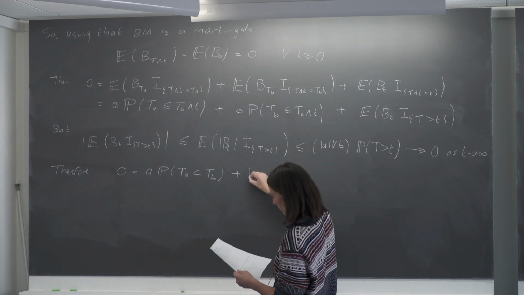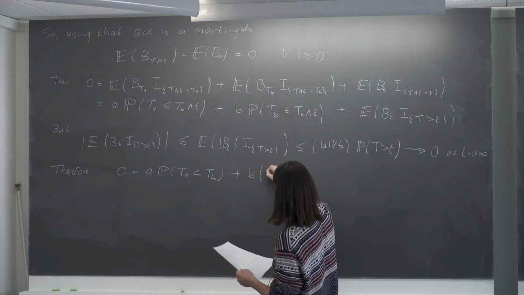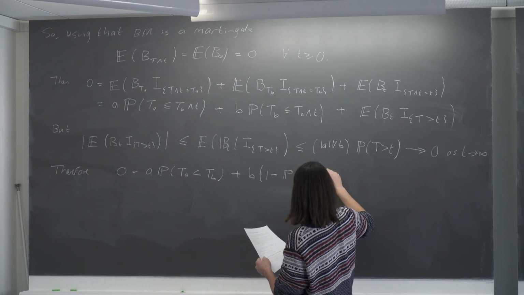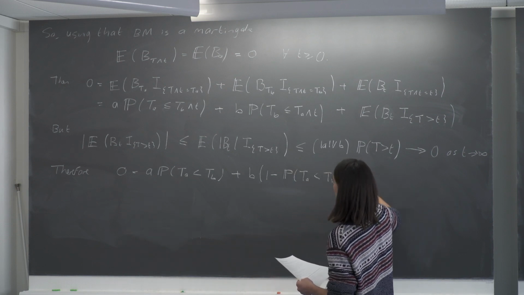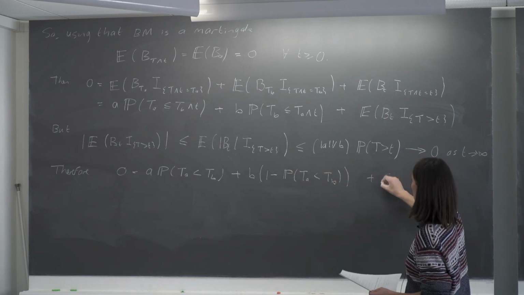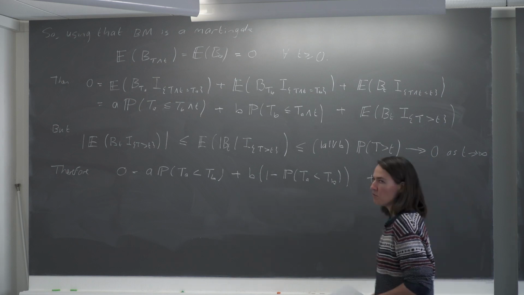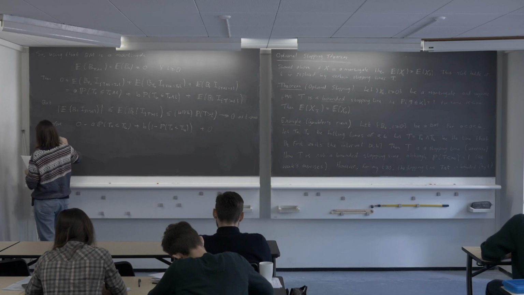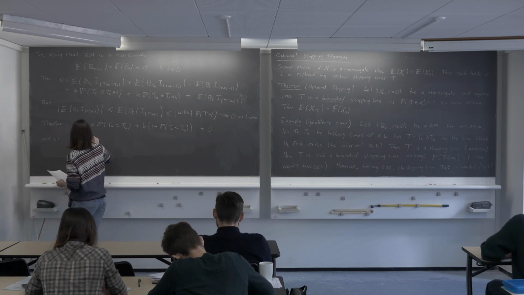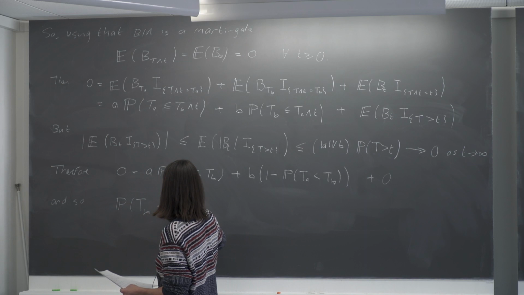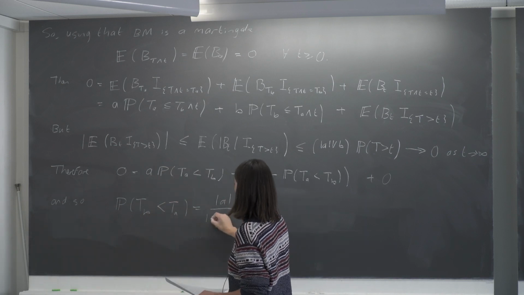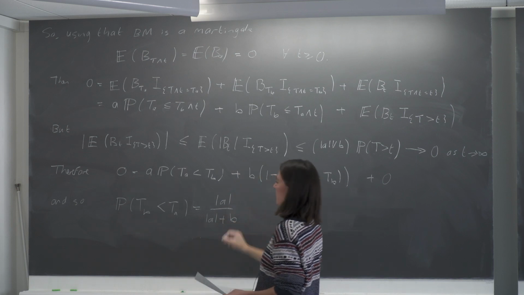This bit becomes B times 1 minus the probability that T_A is less than T_B, and this bit was 0. Rearranging this, we get that the probability that T_B is less than T_A is just equal to |A| over |A| plus B.